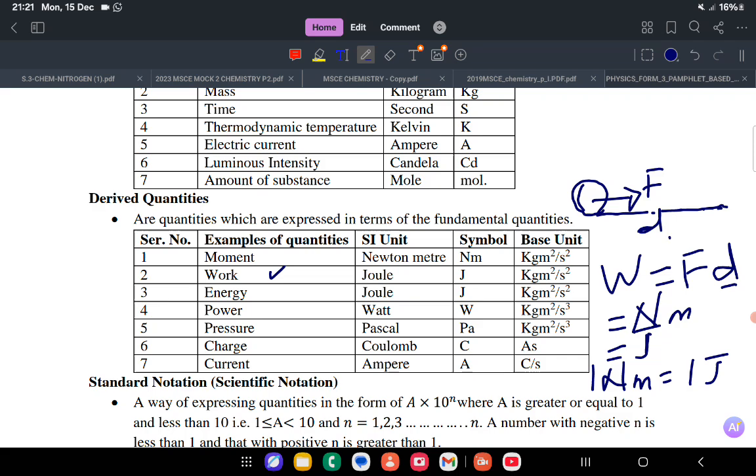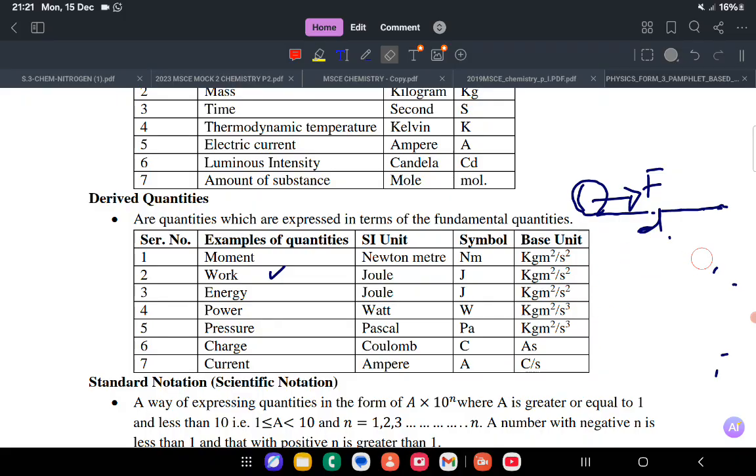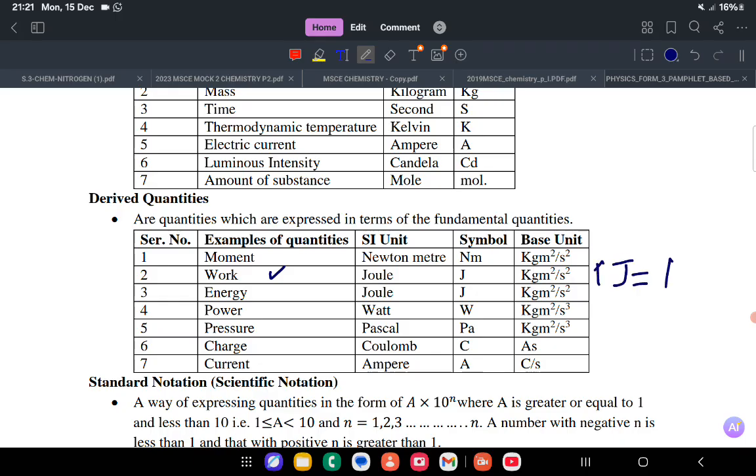But you can also express this in terms of the base units. 1 joule of work done is the same as 1 Newton meter. But what is a Newton?